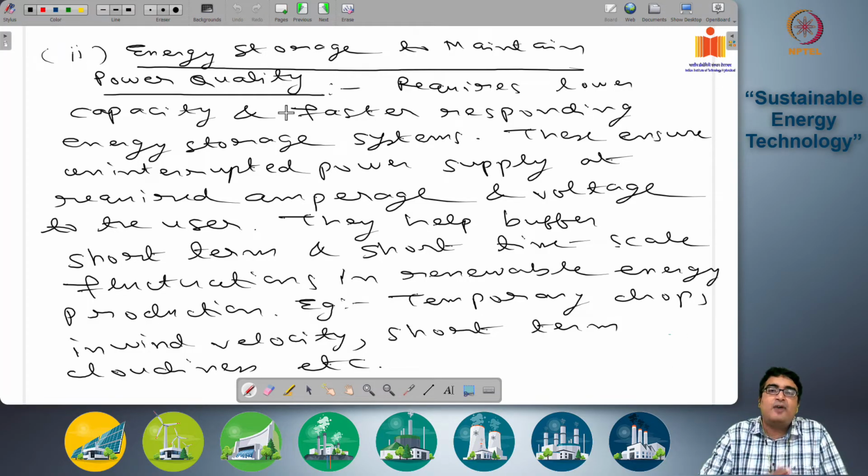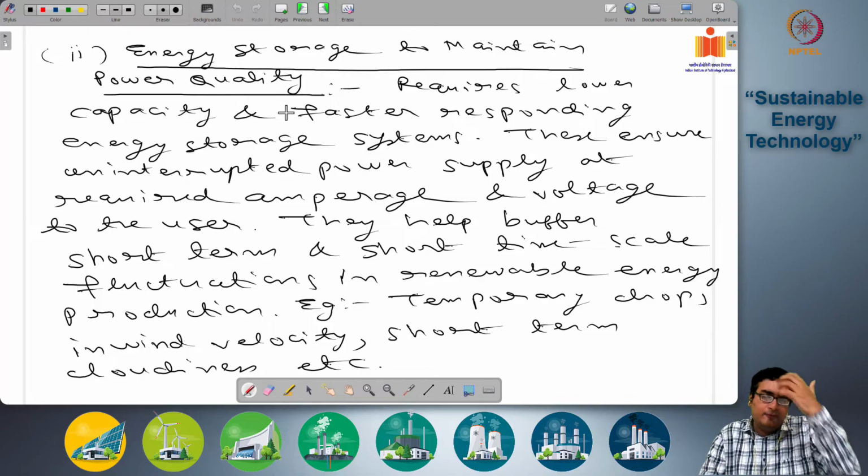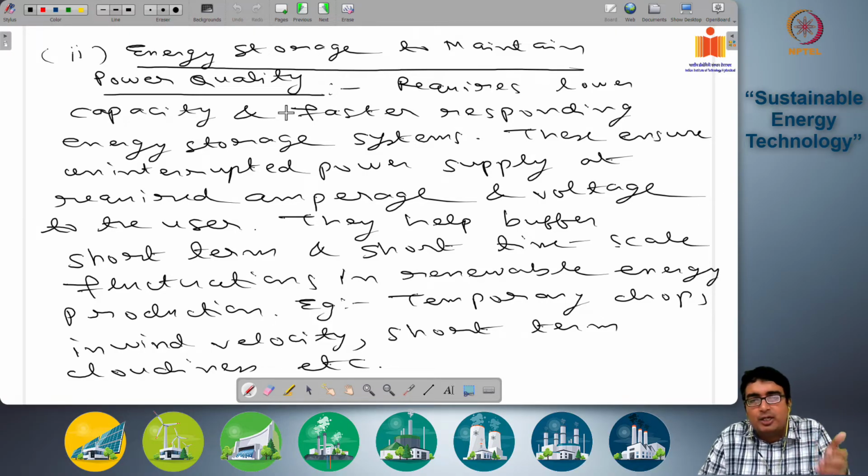So the task of these fast response energy storage systems is to quickly turn on and turn off, absorb some excess power during periods when the supply exceeds demand, say for a period of a few minutes, and push this power quickly when there is a sudden demand-supply mismatch due to, say, a sudden drop in the power generation over a space of a few minutes due to a decrease in wind velocity that can affect a wind farm, or a temporary cloudiness in the sky that can impact the solar power generation.